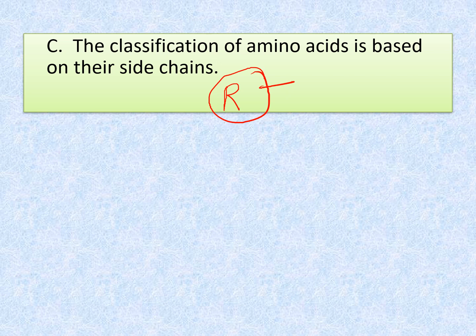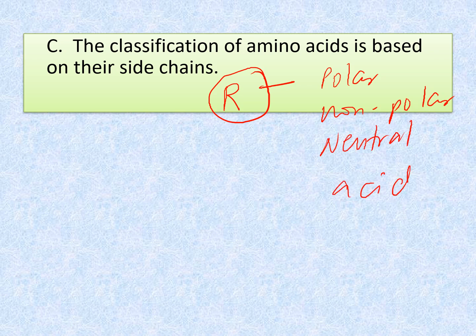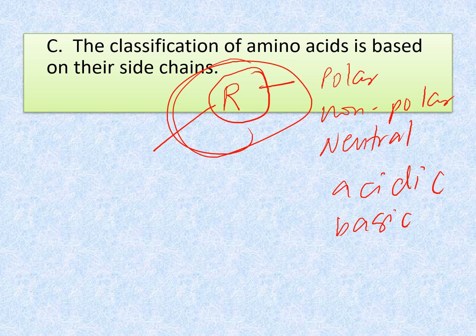Via the side chains, we will be able to know if the amino acid is polar or non-polar, or neutral, if it is an acidic or a basic type of amino acid. So again, we will be able to distinguish one amino acid from another based on the side chain of that specific amino acid.